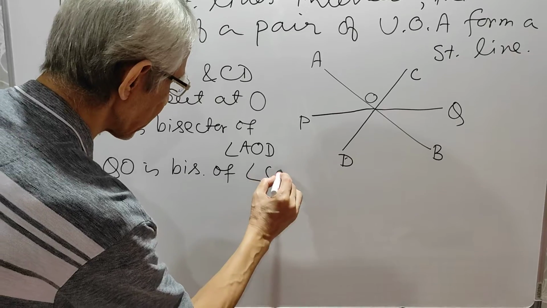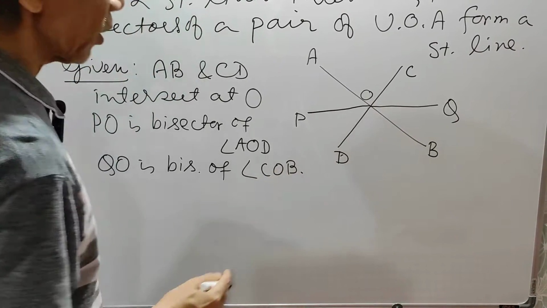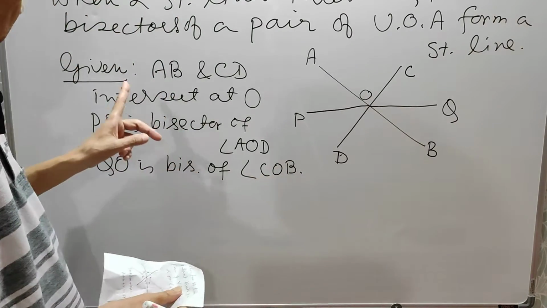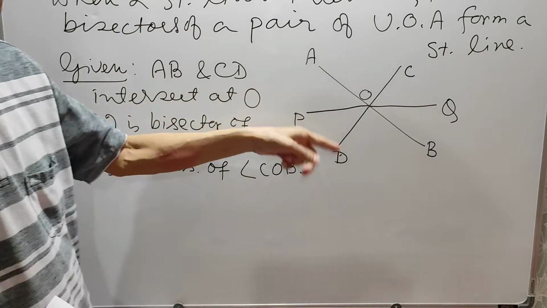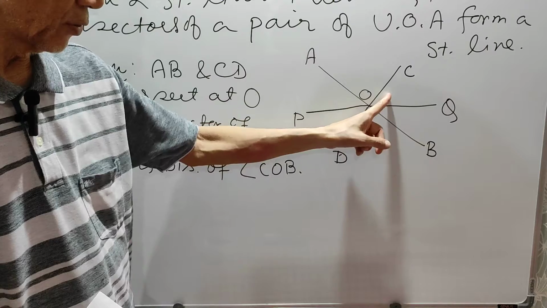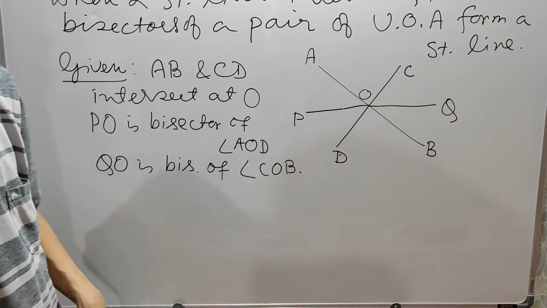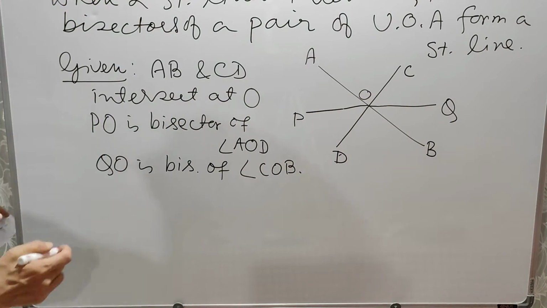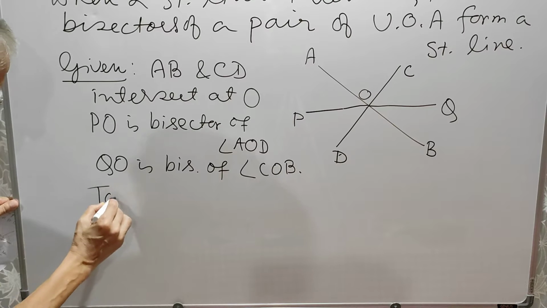COB. So all these things are given. Okay. So a pair of intersecting straight lines is given, and these two are vertically opposite angles. Their bisectors are given. Now what to prove? So to prove what?